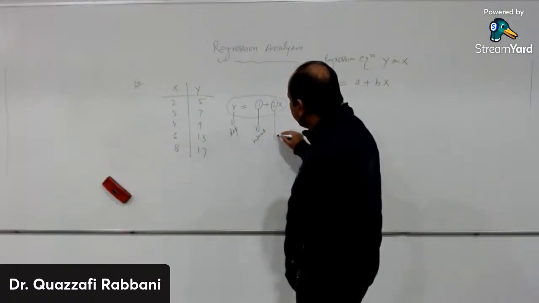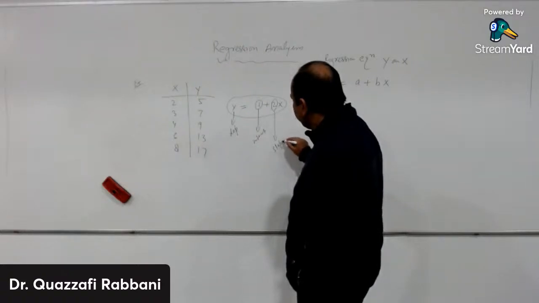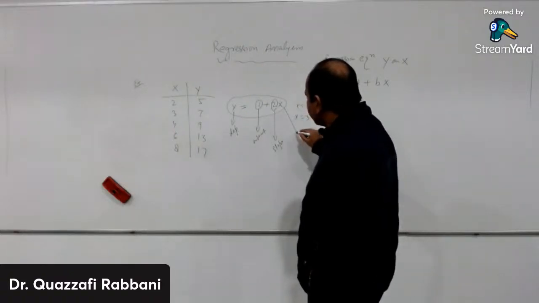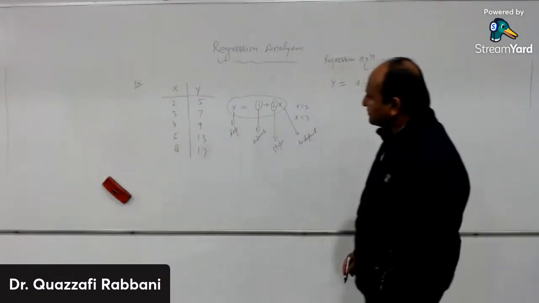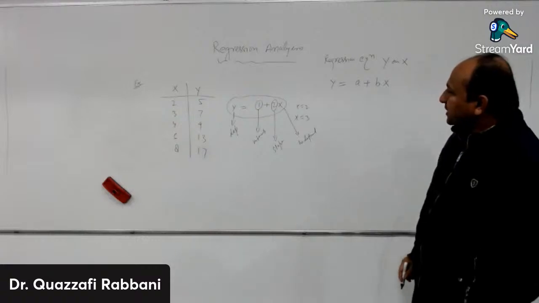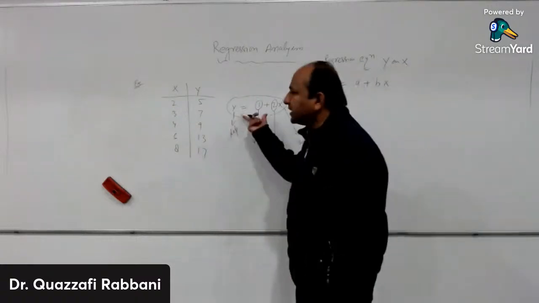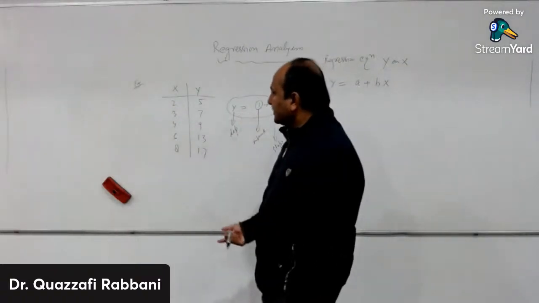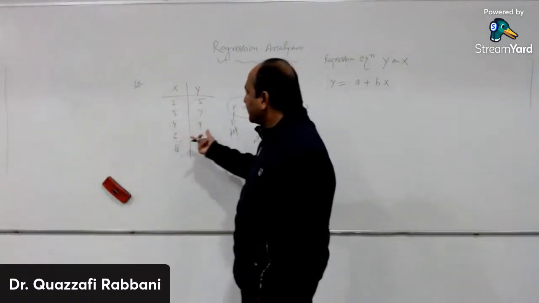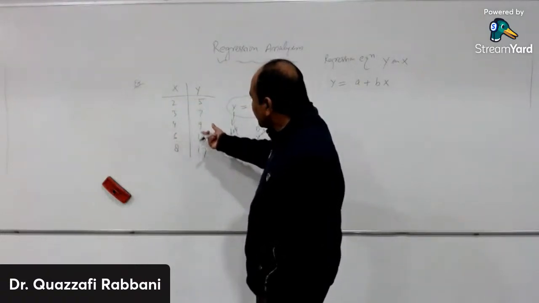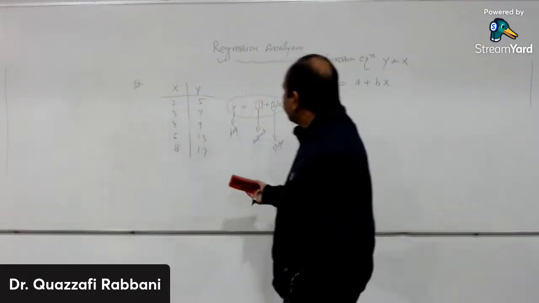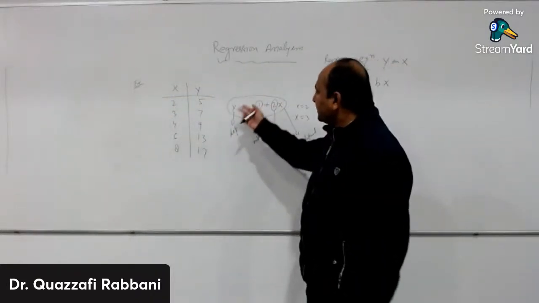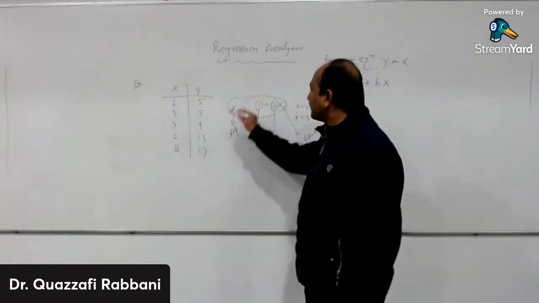This 2 is known as the slope. Here we are trying to establish this relation. Because this is a short and easy example, we can establish directly the equation y is equal to 1 plus 2x.